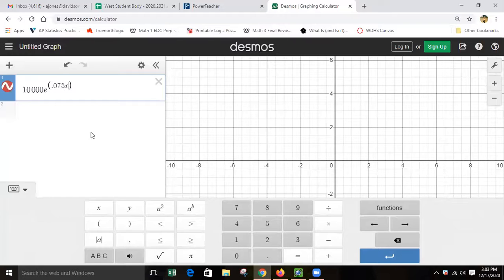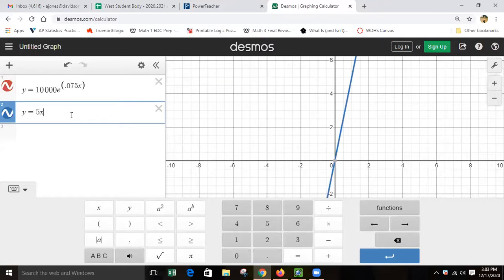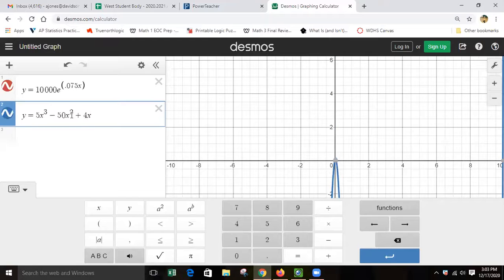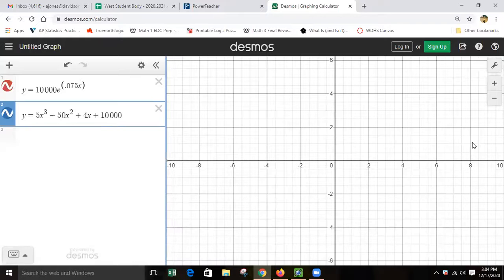And then I'm going to go back and put y equals in. Y'all, I'm just trying this, hoping it's going to work the way that I want it to, okay? Y equals 5x to the third minus 50x squared plus 4x plus 10,000. I'm going to drop this down.